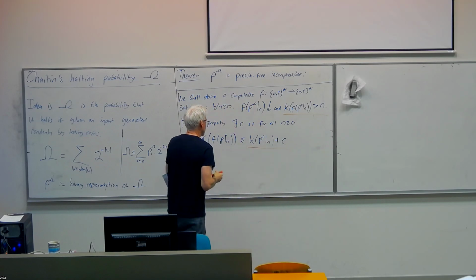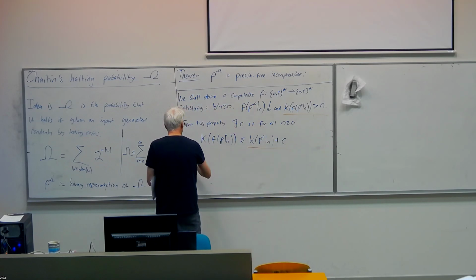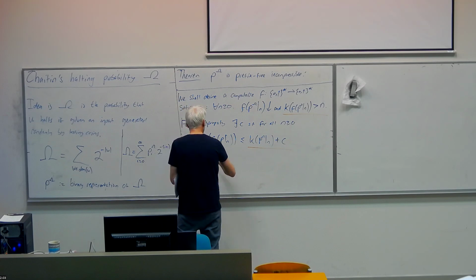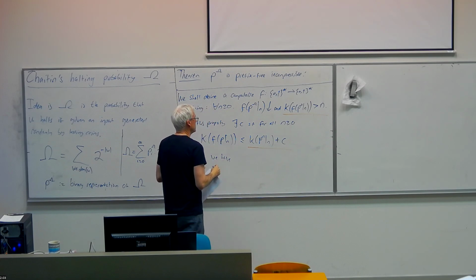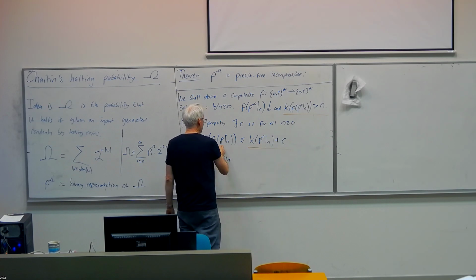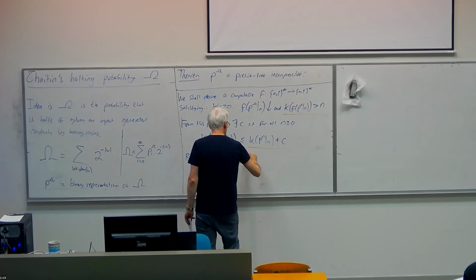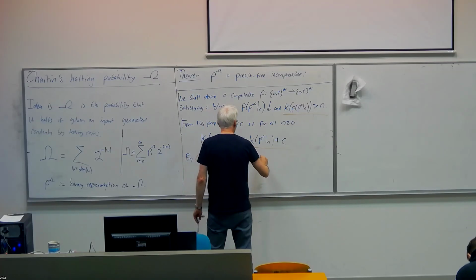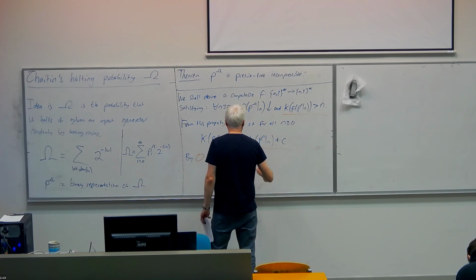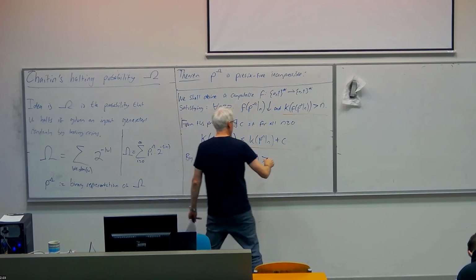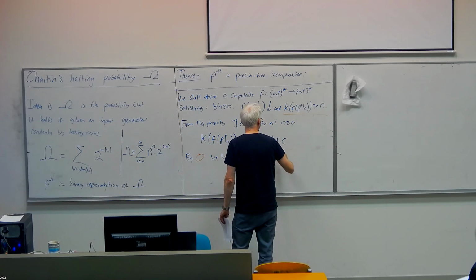And once we've done that, we simply put this together with that, and so by the two highlighted inequalities, by the orange inequalities, we have that this is greater than or equal to this plus c, is greater than or equal to that, and that's greater than n. So K of p restricted to n is greater than n minus c.